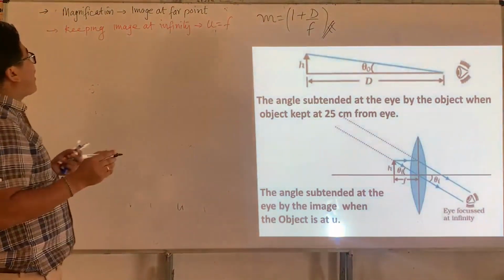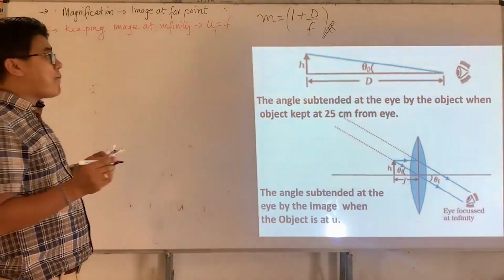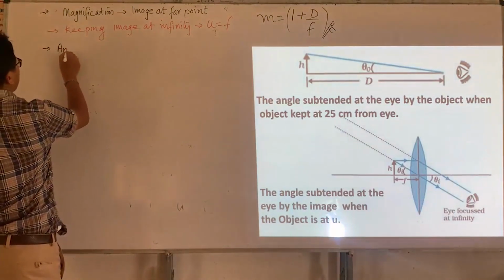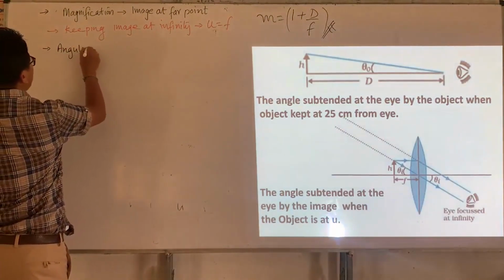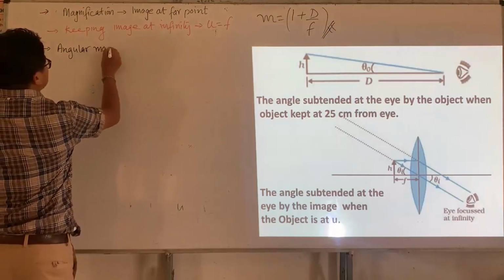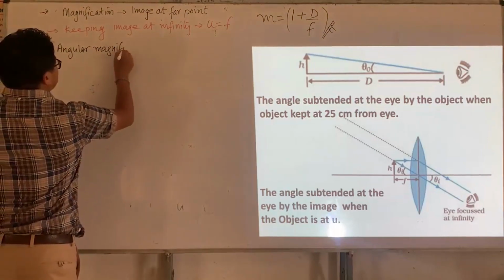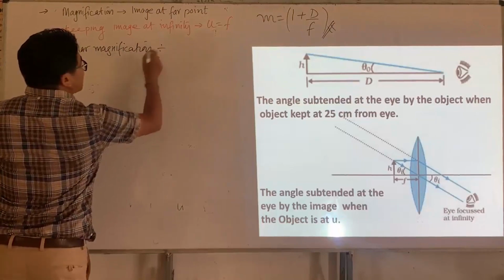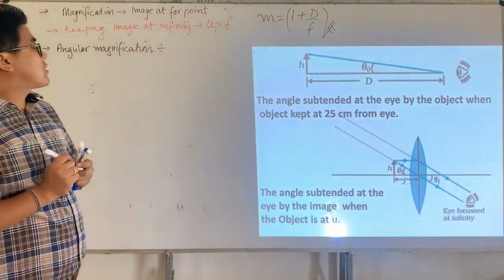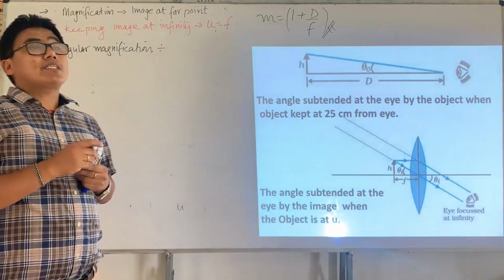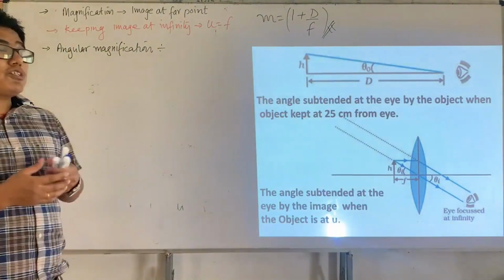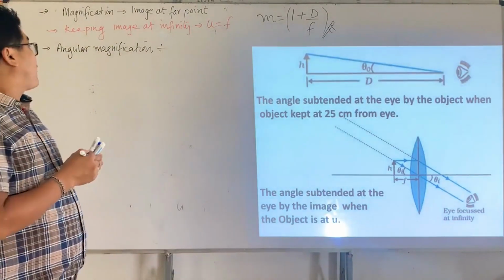Whenever we talk about the image at a far point, we always find angular magnification. Whenever we keep the image at infinity, magnification is always angular magnification.